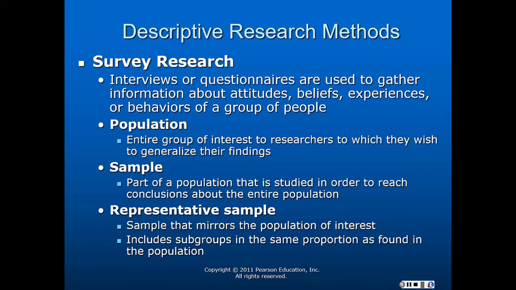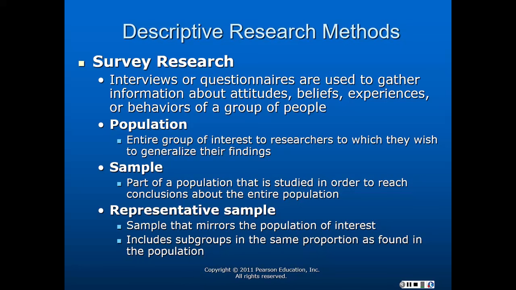So they want to include all the subgroups in the same proportion as found in the population of interest. So if you find that there's 20% Caucasian males in the population of interest, the research team will make sure that 20% is represented in the sample.